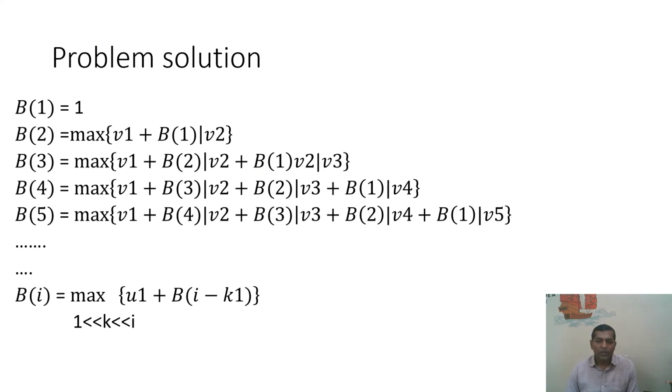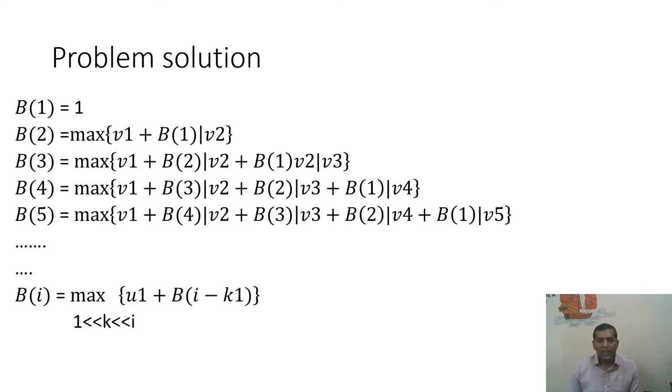So let's look at the solution of this particular problem. If we have a rod of length 1 and sell it, we achieve a profit of 1, which is already defined. If we sell a rod of length 2, where B is the benefit or profit, we can either sell it as a 1 and a 1 part, or directly sell a rod of length 2, with price V2.